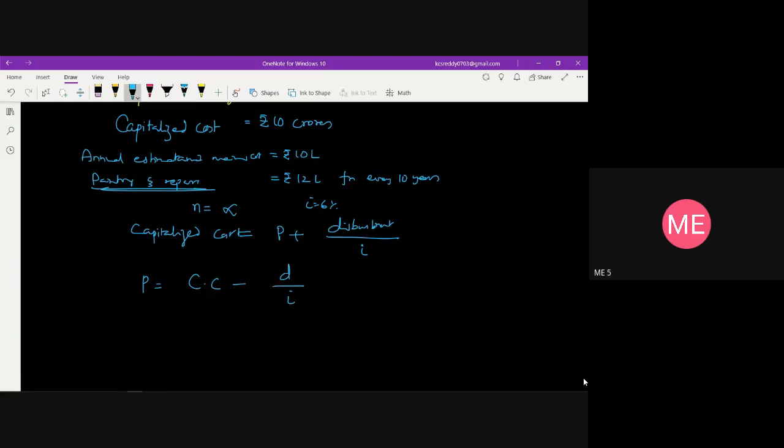When you look at the total annual cost, for every 10 years it will be the annual maintenance cost plus the annual repair and painting cost. So we need to annualize this 12 lakhs. What does it mean? Say for example, I have an equation.